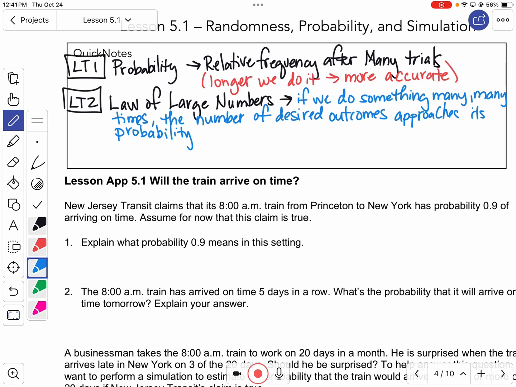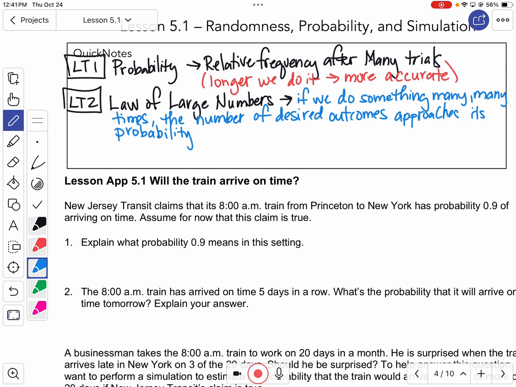That's what happened in my simulation. When I shot one shot, Miss Gallus had a 100% free throw rate. When I got to 50, she was more at 80, which was more accurate. So the more I do it, the closer I'm going to get to the actual probability.